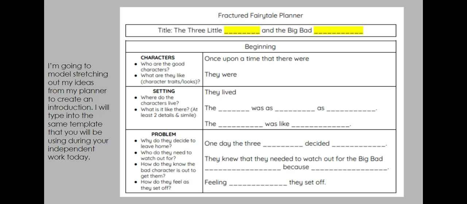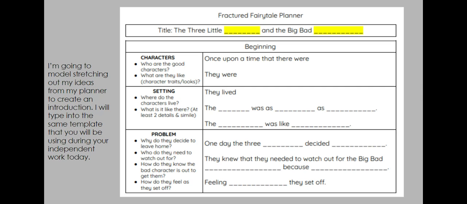They wanted to eat. Feeling nervous but excited, they set off. Okay. Now that I've read it, I'm confident that I've answered the questions that are guiding my writing, and my writing flows together. So I'm feeling confident and I'm ready to turn it in.